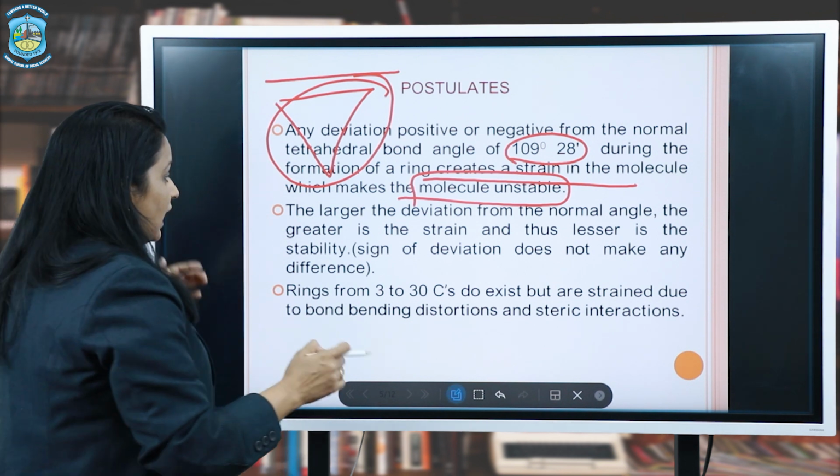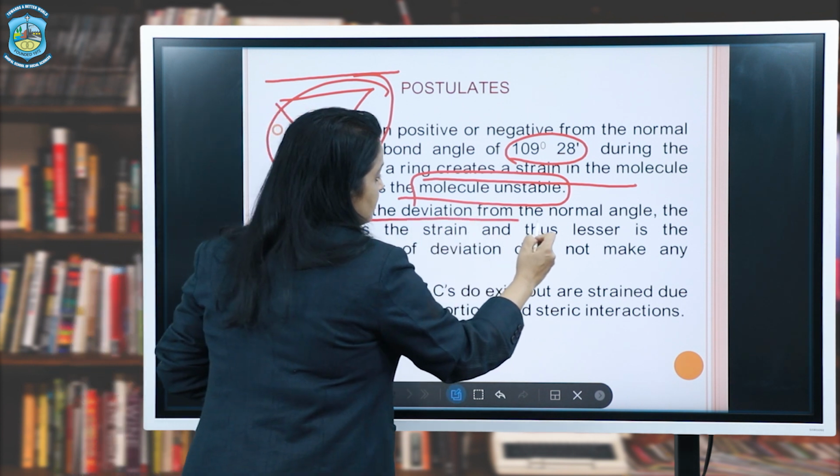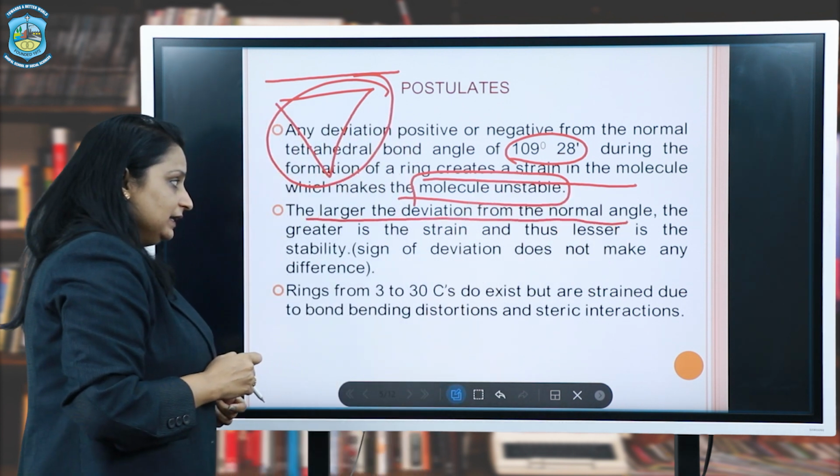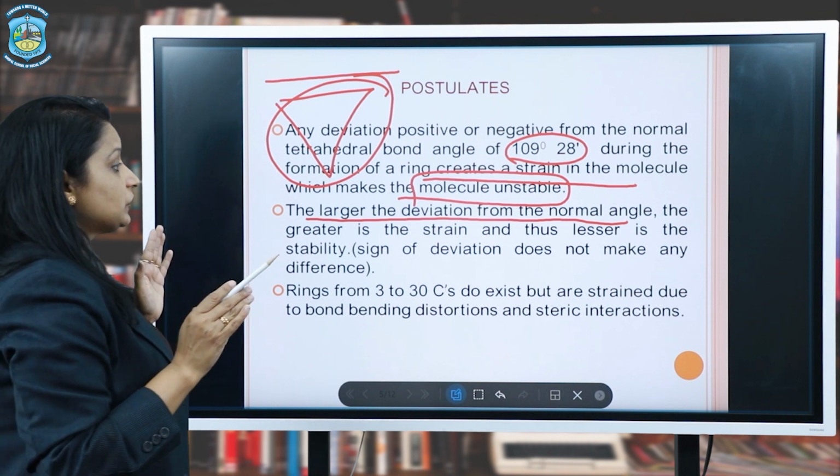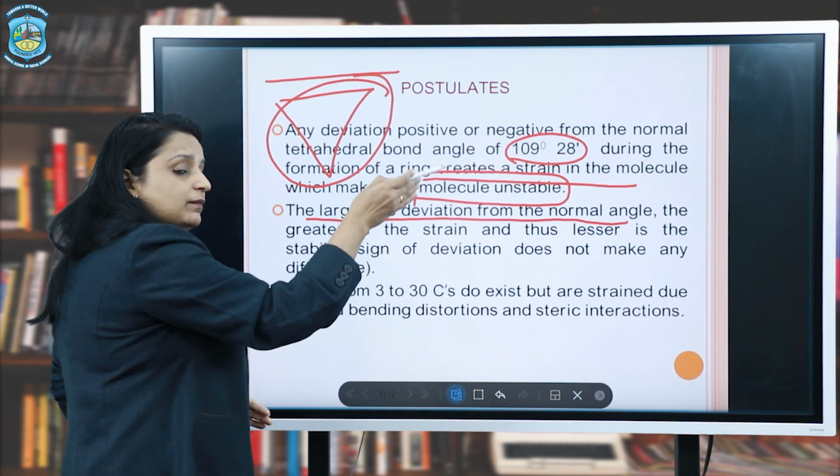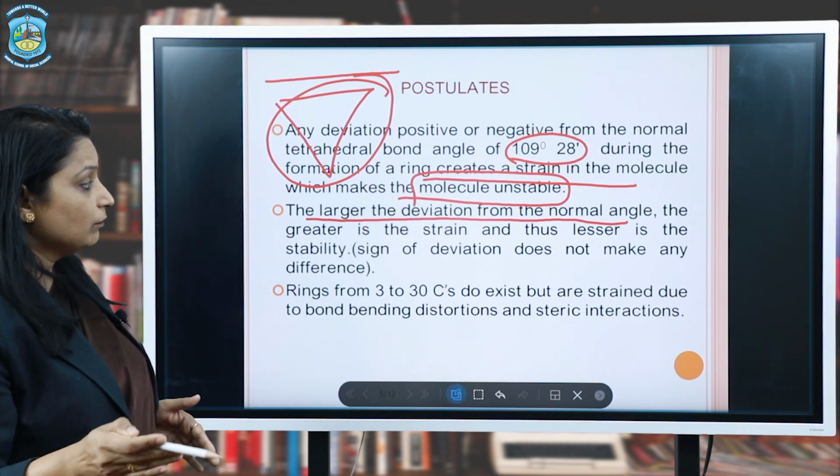Now, the larger the value of this deviation from the normal angle, the greater will be the strain, and thus the stability will decrease in the same order.